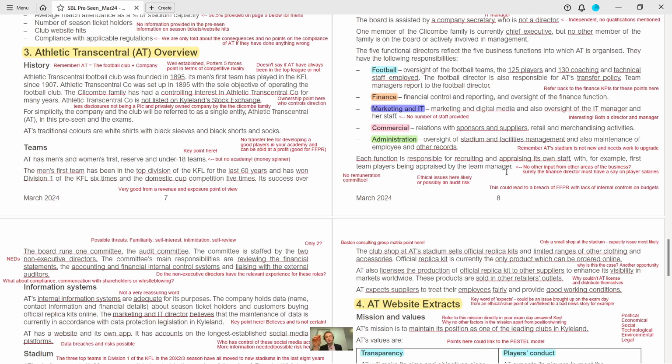And there was no remuneration committee mentioned as well. So straight away, red flags on ethical issues, possible audit risks, what could be the first domino effect of the breach of financial fair play, with the lack of internal controls on budgets, where if someone's quite chummy and friendly with one another and they go, oh, I'll give you a raise, I'll do your remuneration nicely, I'll look after you, sort of thing.